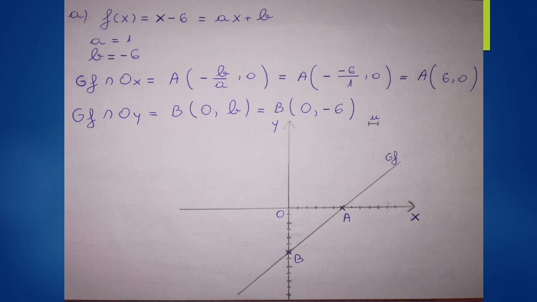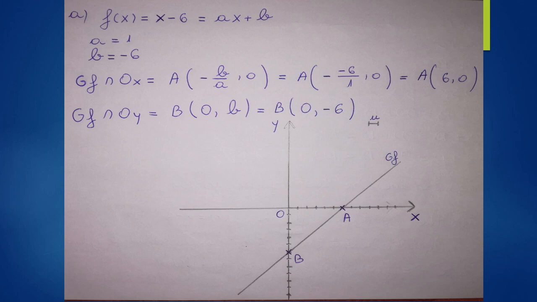Here the intersection point with the OX axis is point A of coordinates minus b over a and 0. Notice that the function f can also be written in the form ax plus b. Here a is equal to 1 and b is equal to minus 6.